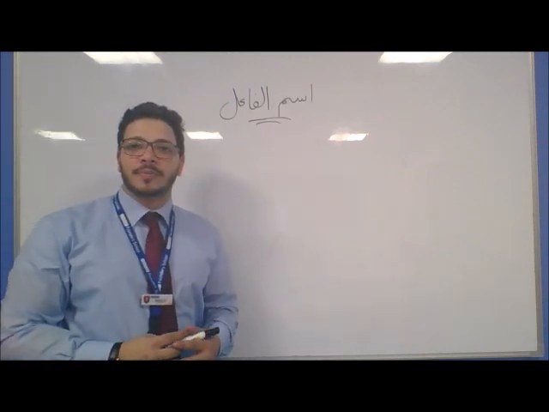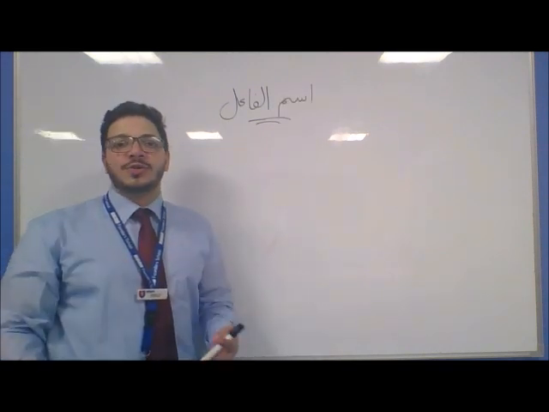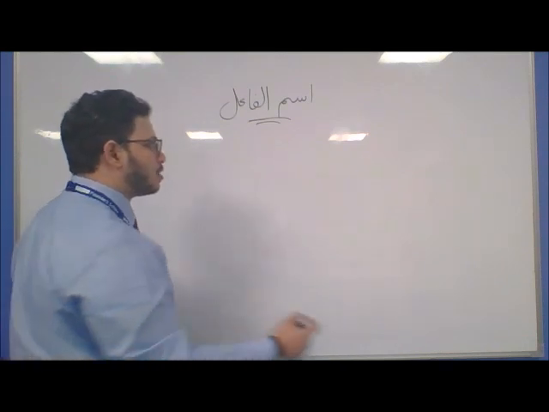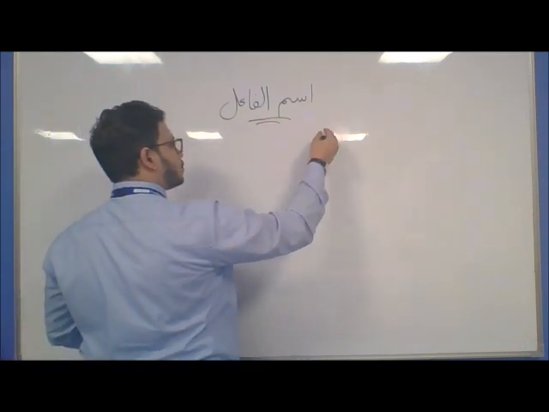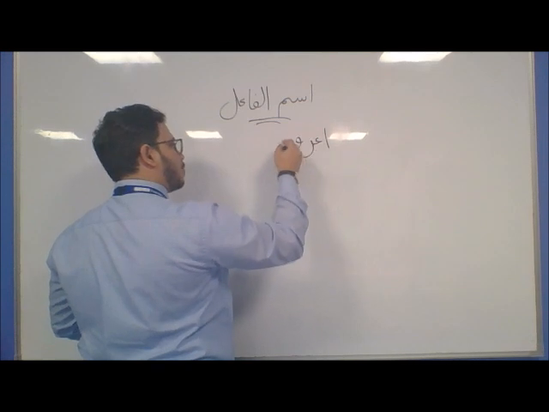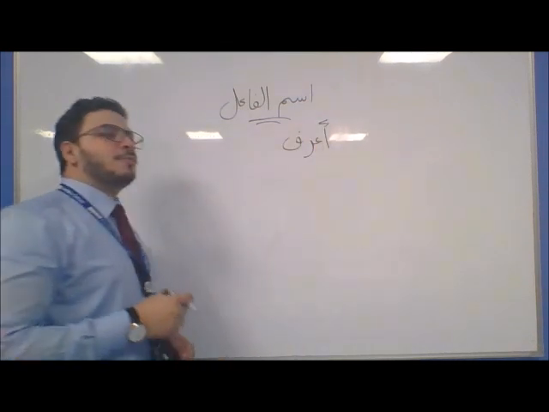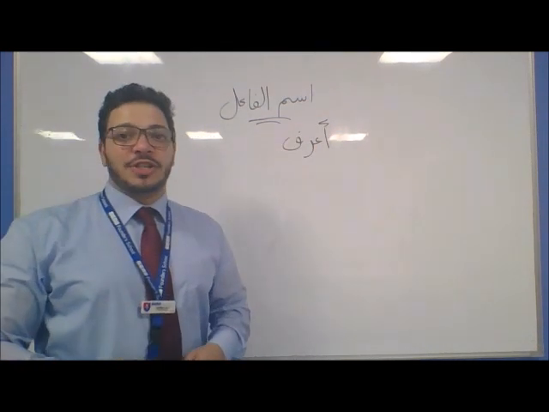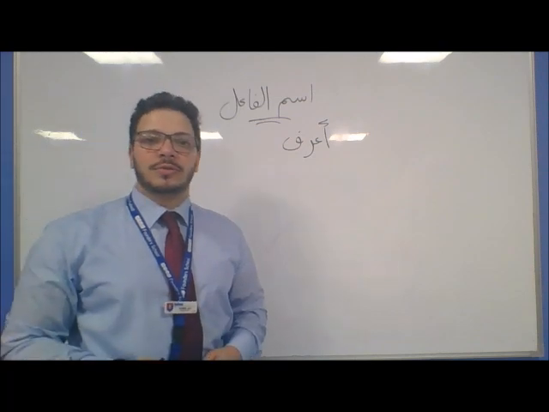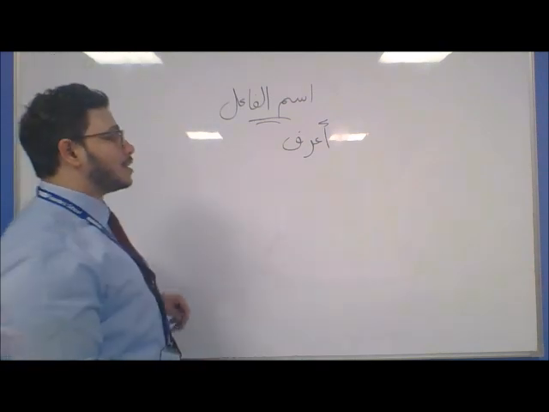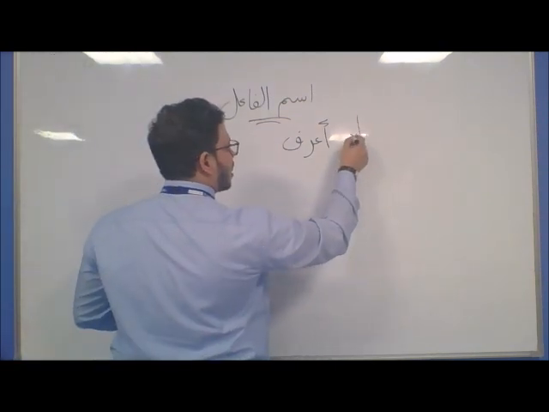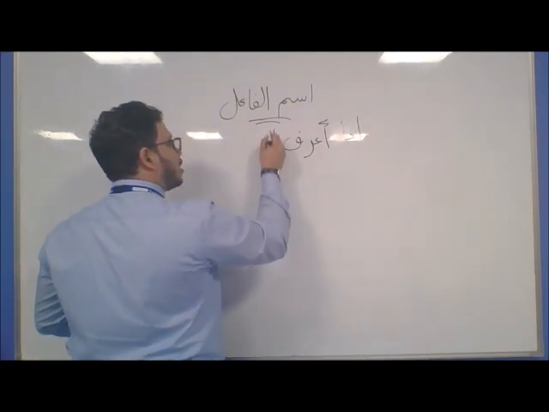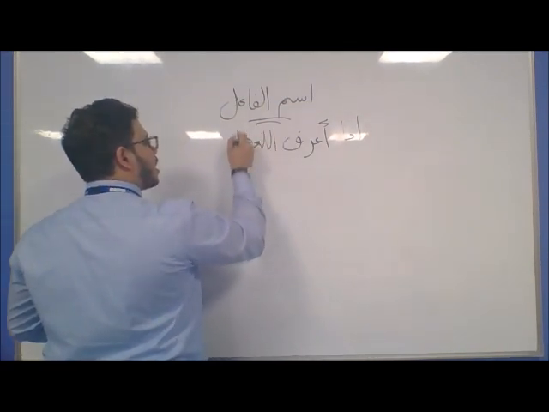Second example, we might use the verb أعرف, the conjugated verb, which means I know. So if we want to make a whole sentence, I will say أنا أعرف اللغة العربية.